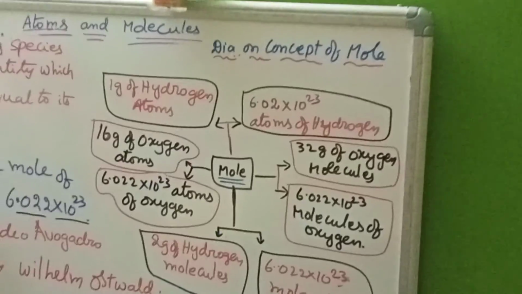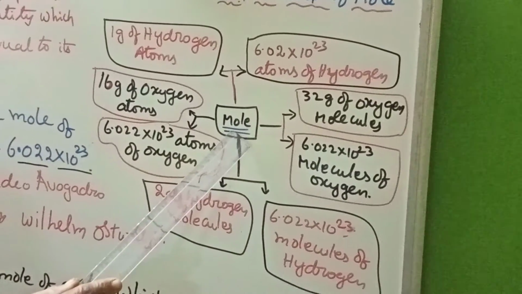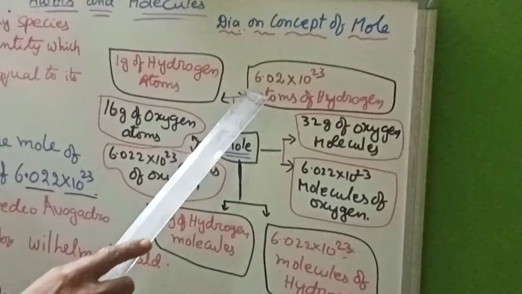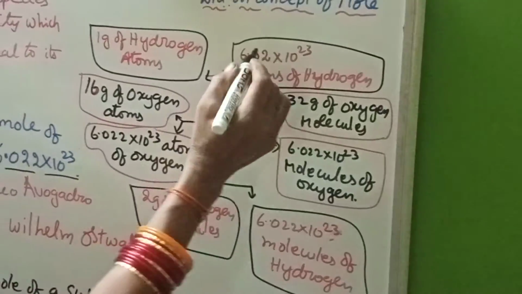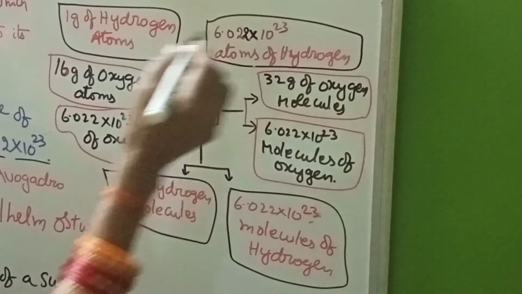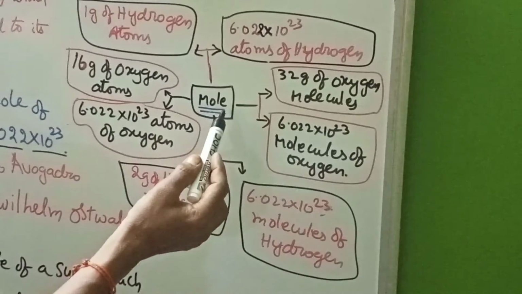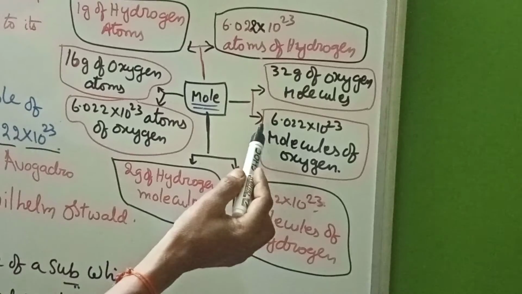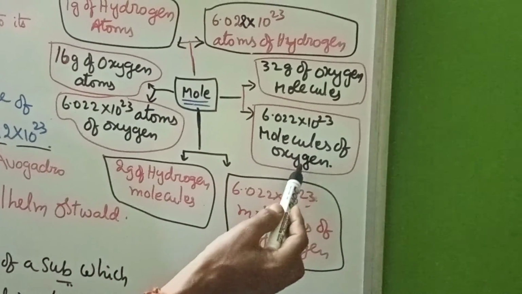Here is one diagram depicting the concept of mole. 1 gram of hydrogen atoms has 6.022 into 10 to the power 23 atoms of hydrogen. Next, if we take 32 grams of oxygen molecules, there will be 6.022 into 10 to the power 23 molecules of oxygen.